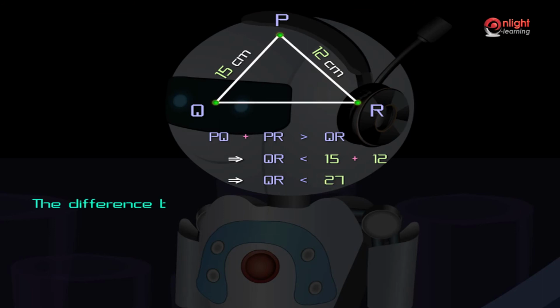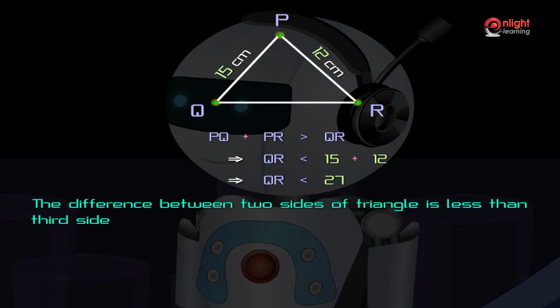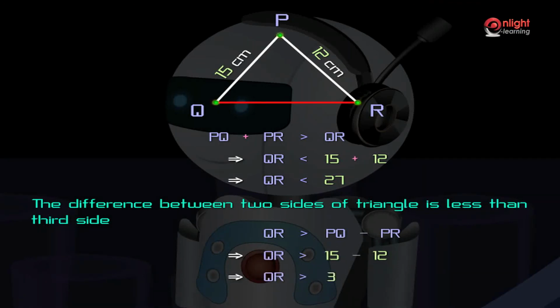Since the difference between the two sides of a triangle is less than the third side, QR must be greater than the difference between PQ and PR. That is, QR must be greater than 3. Hence, we can say that QR can take any value greater than 3 and less than 27.